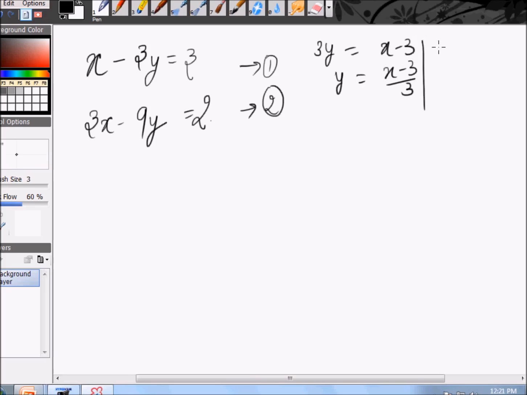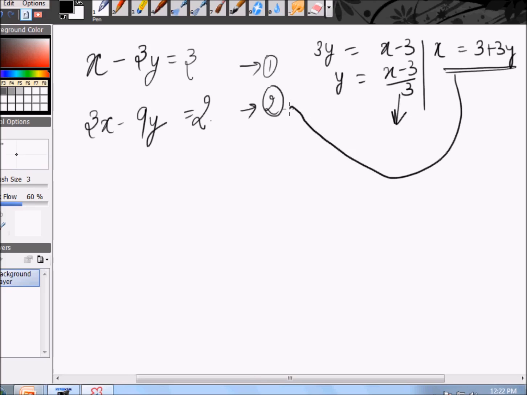Whereas, if the same process is done for x, that is, x is represented in the form of y, we have x equals 3 plus 3y. This is, friends, clearly easier to solve because the other includes a denominator term.